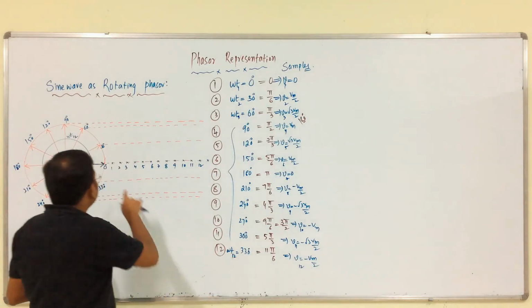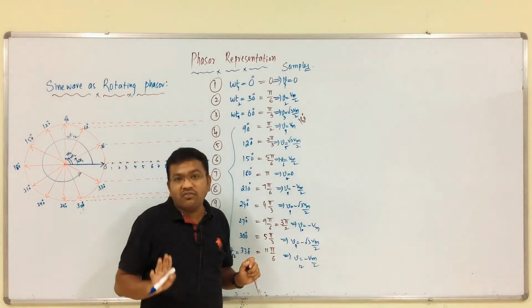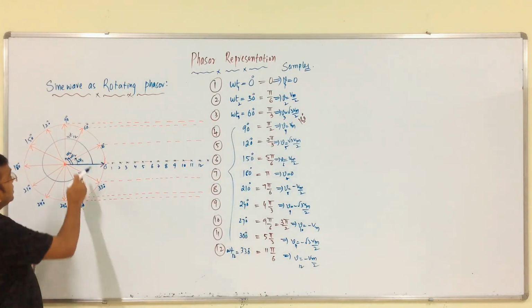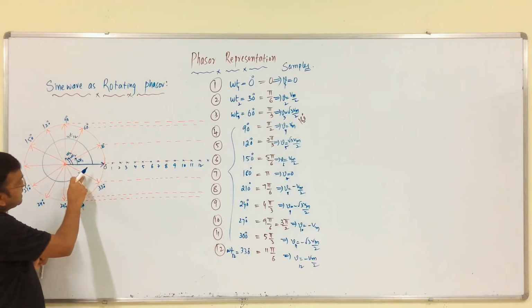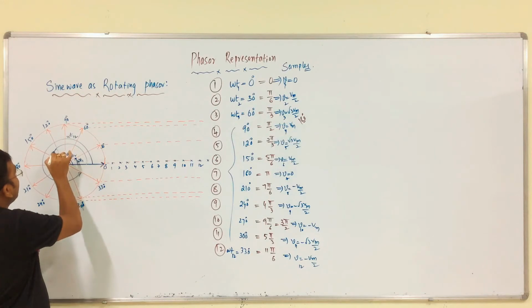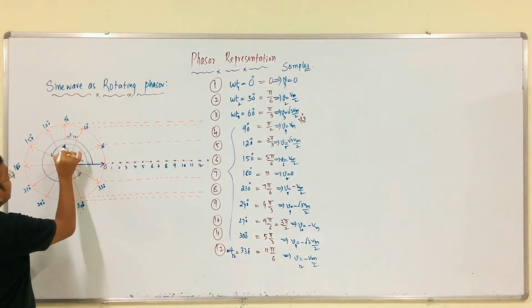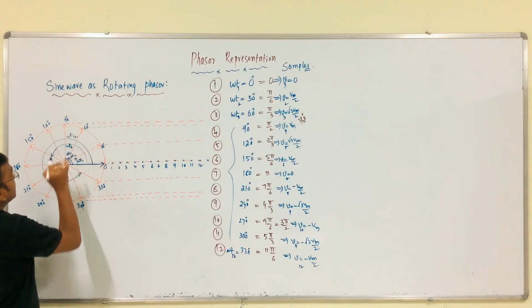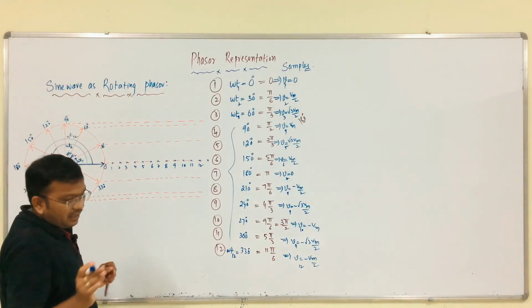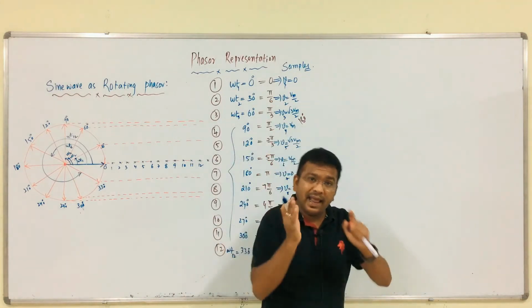So, the 0 degrees axis is the reference axis for every instant of time. For example, if you consider this angle, this is 150 degrees, the 6th sample, that is omega T6. So, if you consider any instant from the 0 degrees axis, you will get an angle, right.